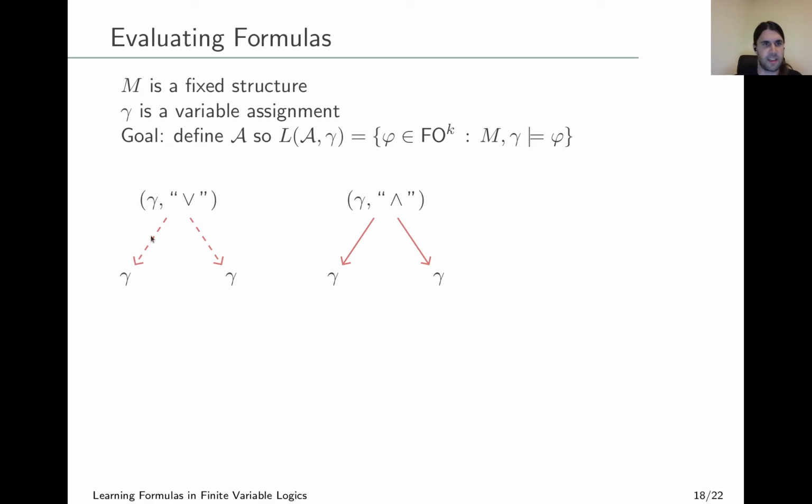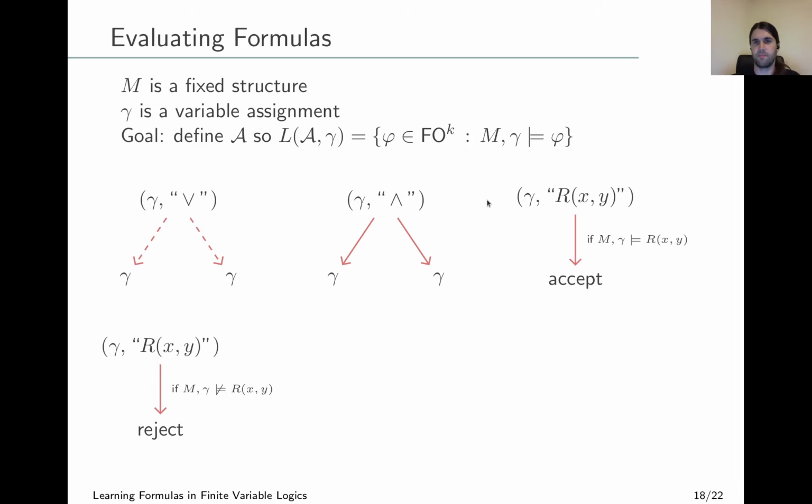These dashed arrows are just saying the automaton gets a choice. It can either descend into the left subformula and succeed in the same state gamma, or go to the right subformula in gamma and succeed. And then conjunction is similar, except we've got a solid line, and this is just saying it needs to succeed from both subformulas in gamma.